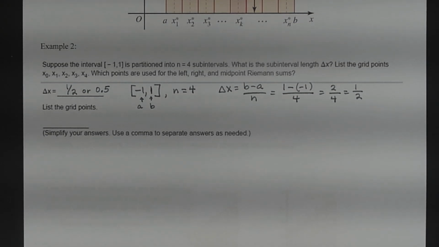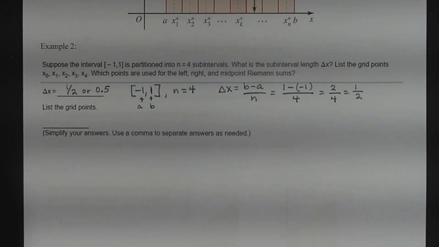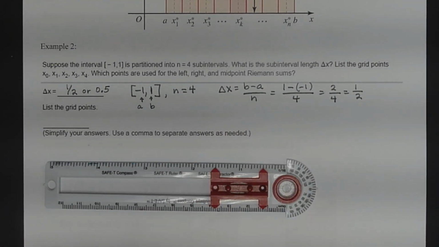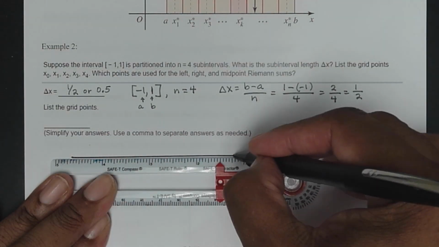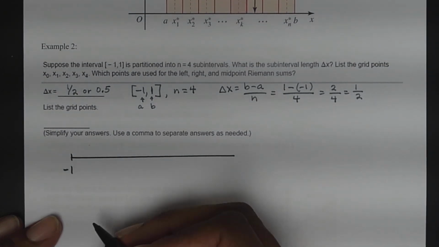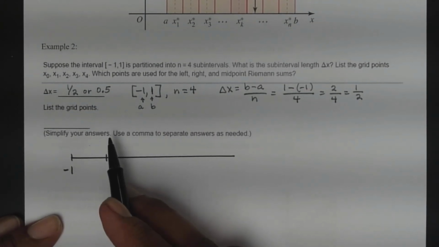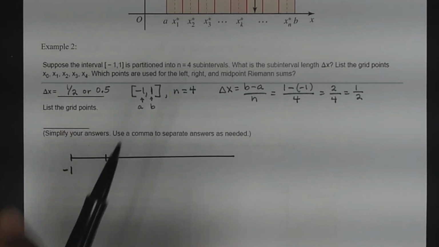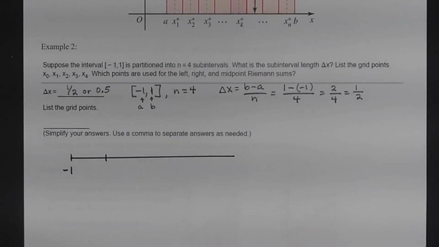Then the next thing we're going to do here is list those grid points. Now we're going from -1 to 1. That's what our interval is restricted to. So if that's -1, then to get the next one, we just do -1 plus 0.5, because that's our delta x. That's going to be -0.5.